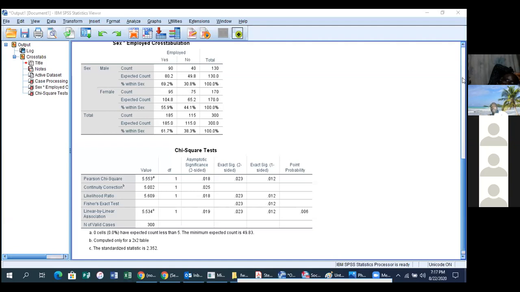We are trying to look at the percentage we get if we use the expected value, because the total is fixed. So do 80.2 over 130 and also 104.8 over 170. People should do it now and give me the result.